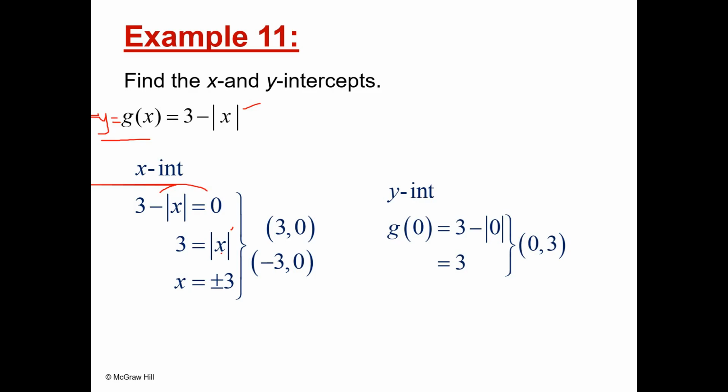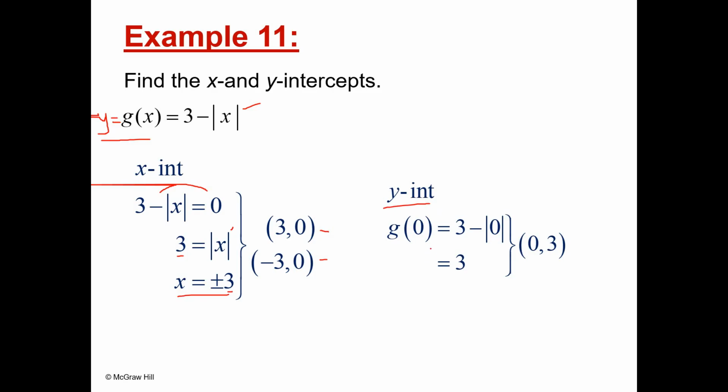Whenever you have an absolute value and you remove it, the other side of the equation will be written as plus and minus the value you have on the other side. So add plus and minus, and you have 3. So the value of x is plus or minus 3. What does that mean? You have two ordered pairs. This means that this function cuts the x-axis in 2 points.